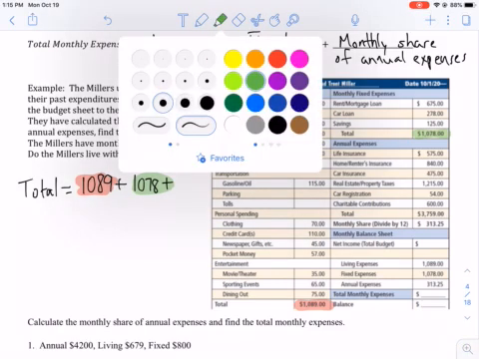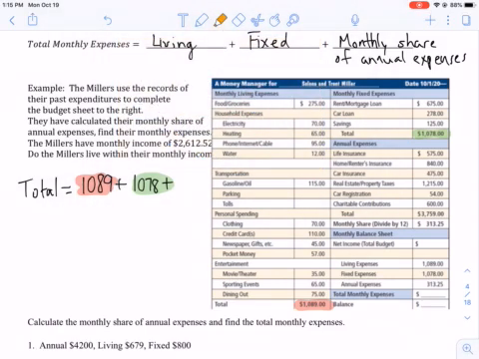But since we're finding their monthly, we've got to take their annual, $3,759, and divide that by 12. So now we can put this into our calculator.